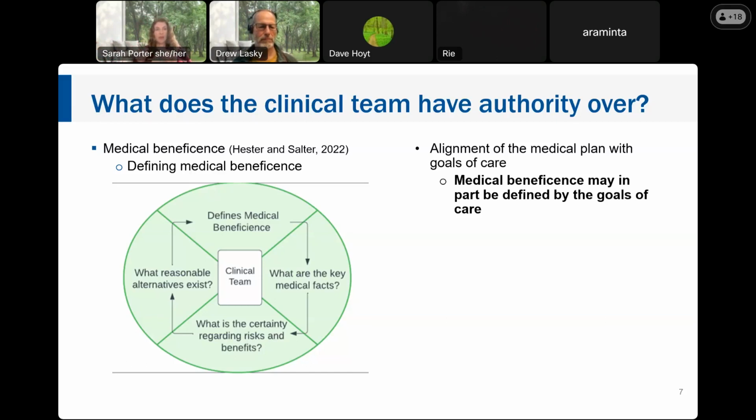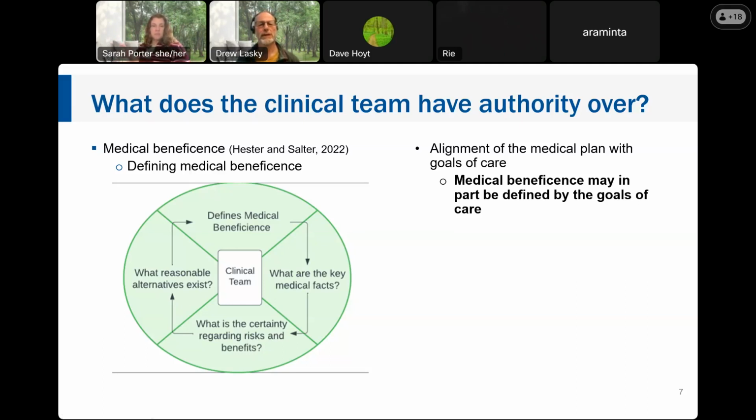And the medical beneficence picture should change, and does change, based on those goals of care. We wouldn't do the same thing for a child on hospice whose goal is to stay at home and be comfortable as we would for a child who has a condition that's fully reversible and we expect to be able to reverse that. So the context of the goals of care should be part of the lens that we look at when we're looking at what medical beneficence is.